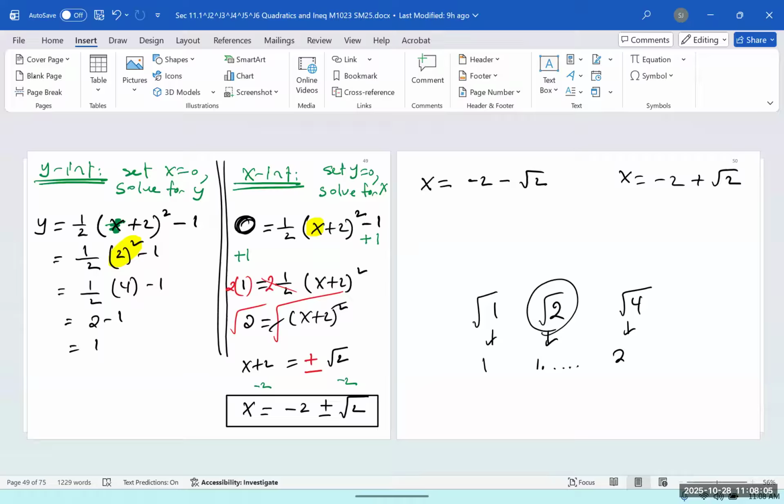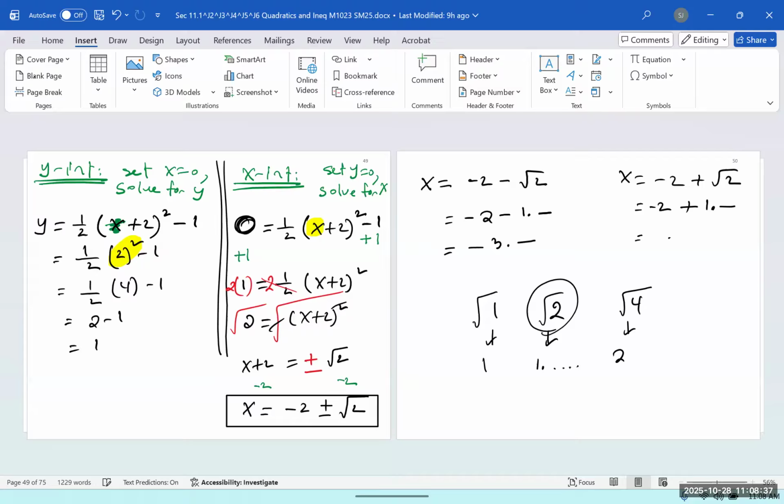Okay? So if you have no idea what is square root of 2, you at least know it's 1 point something. So this is -2 minus 1 point something. This is -2 plus 1 point something. So what is -2 minus 1? So it's -3 something. And what is -2 plus 1? -1.